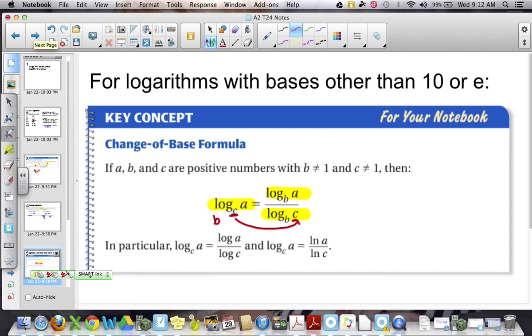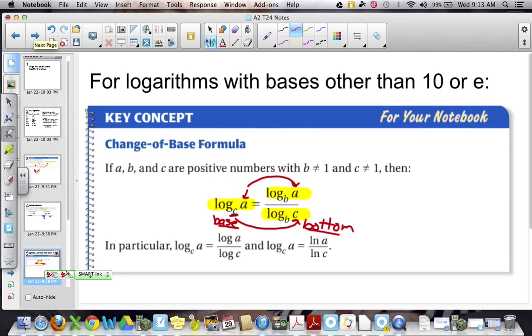So base goes in the bottom of the fraction. That's how I tell students to remember this formula: it's log base whatever base you want, of what you were taking the log of, which stays on the top, and then what base you were using originally, you take the log base b of that in the bottom of the fraction.